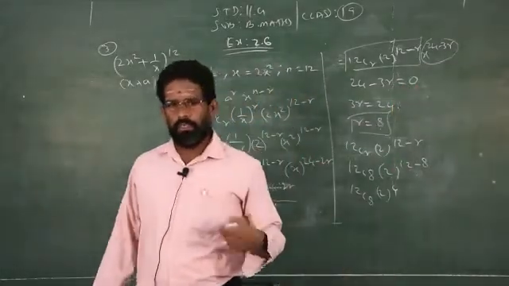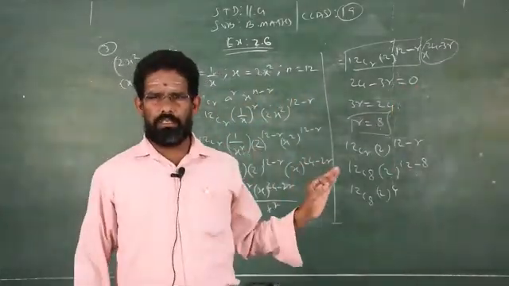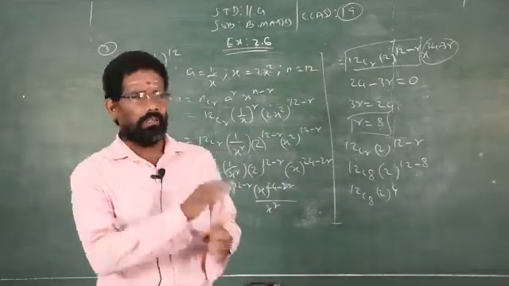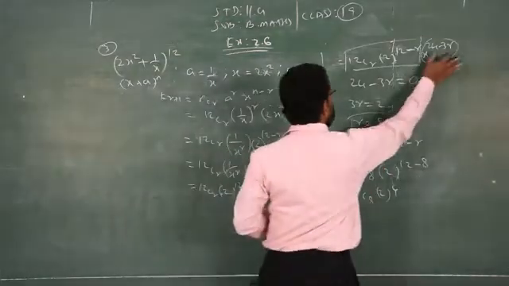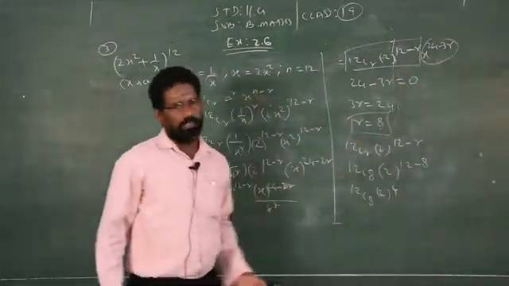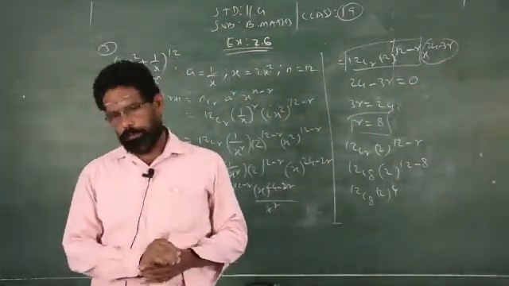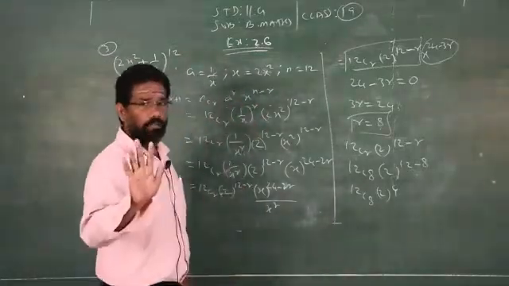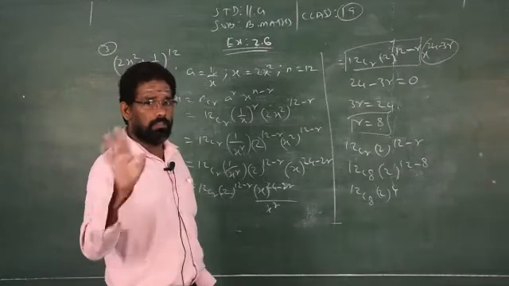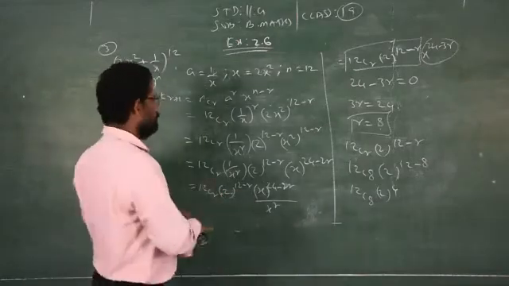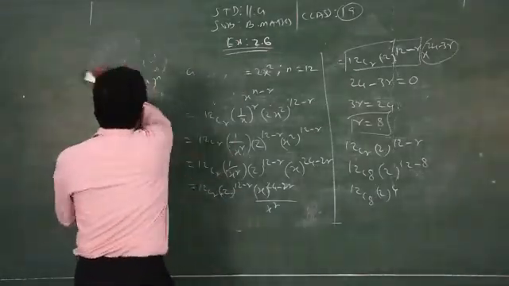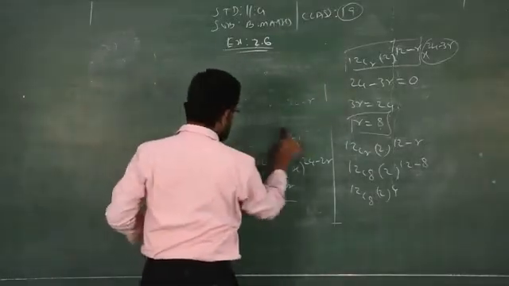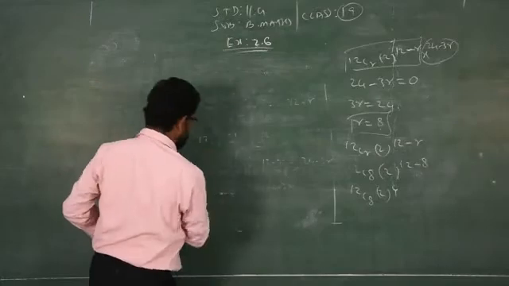I told you why it is equal to 0: because a constant is independent of x, it is x power 0. So for that we make the power of x equal to 0. I explained this in the beginning of this problem itself. So remember, this is the procedure not only for the independent term, it is also for the constant. So be careful. Sometimes in the question paper they will give it as the independent term or the constant term. Both are the same.